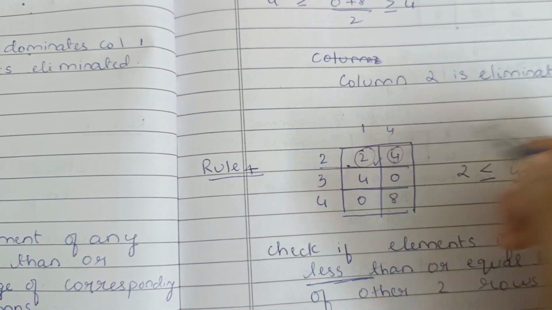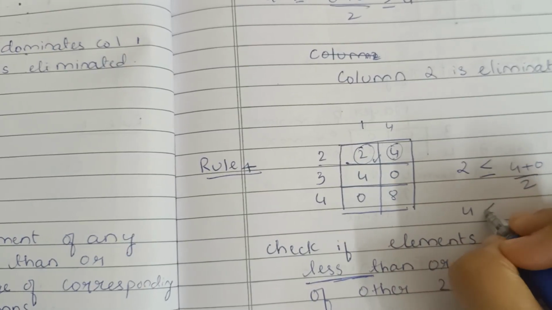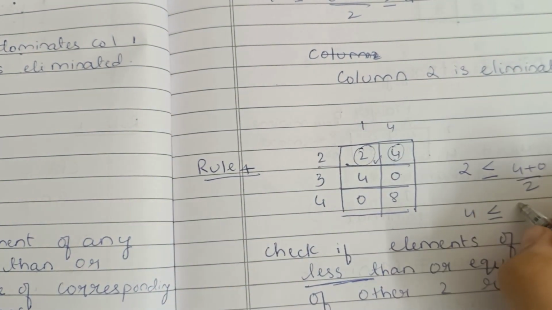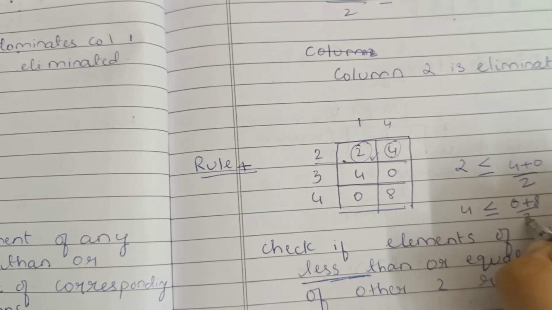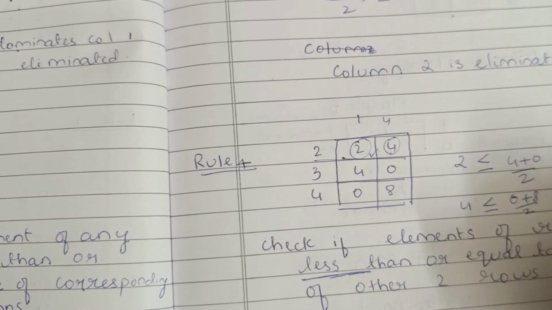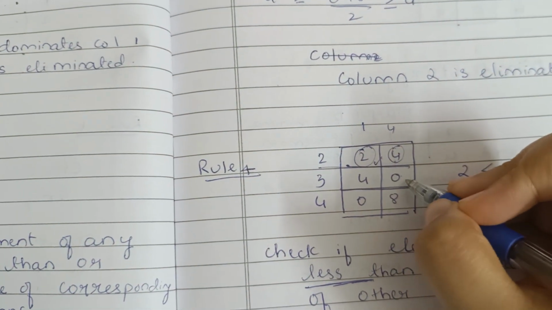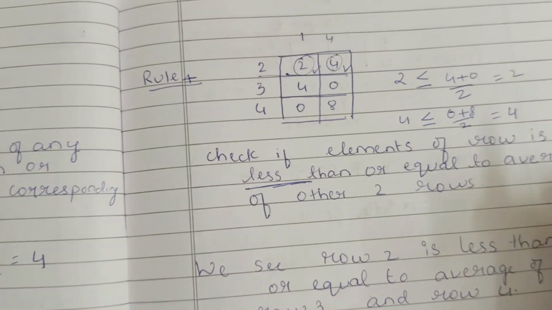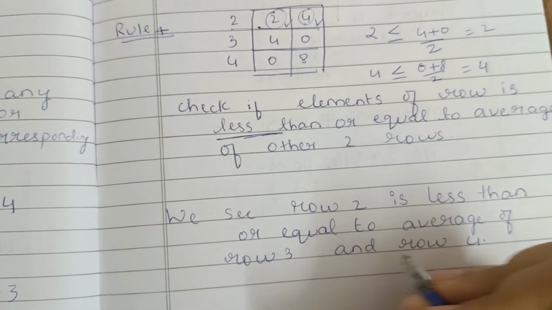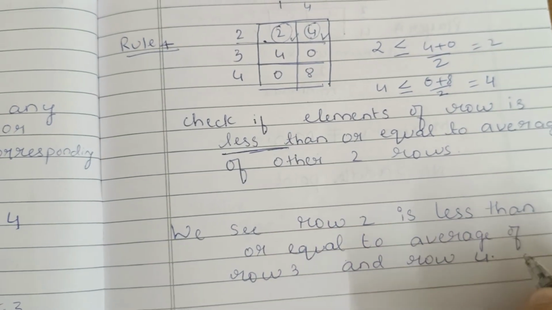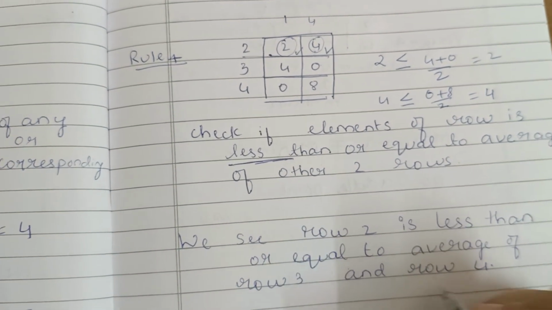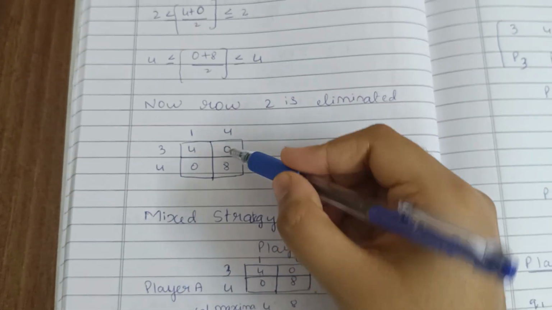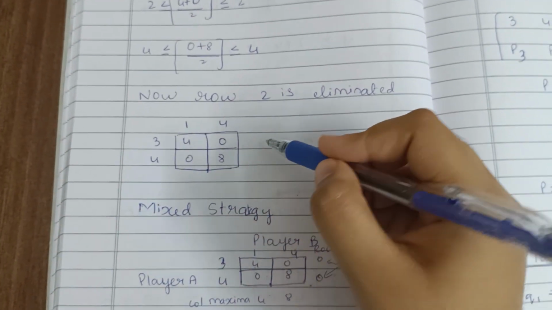Next element 4 should be less than or equal to the average of 0 plus 8 by 2, which is 4. So even this condition is satisfied. Hence row 2 is less than or equal to the average of row 3 and row 4. Now row 2 is eliminated. Our table becomes like this.